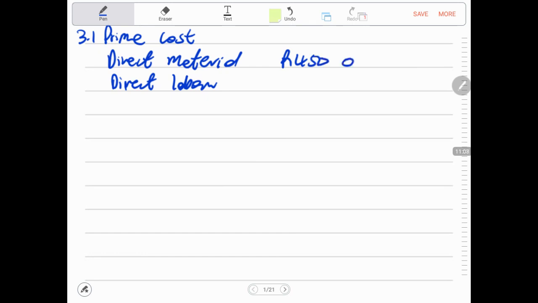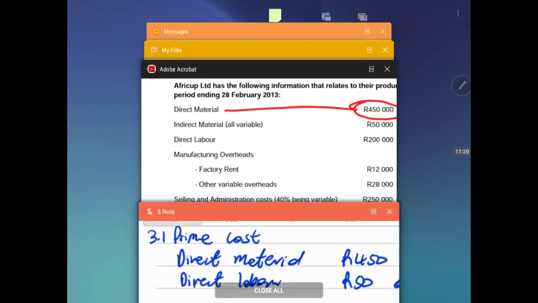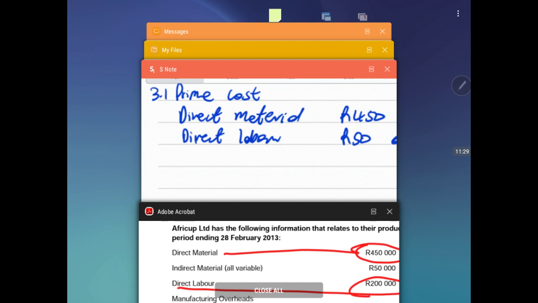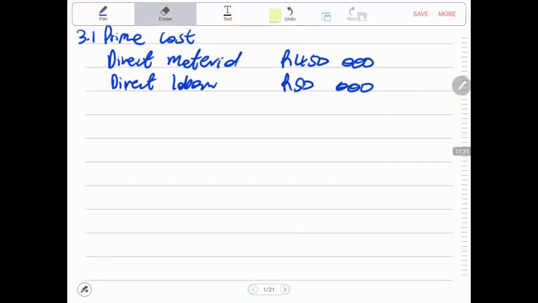So we had the cost of material that was worth 450,000 rands, and we had a direct labor that was worth, let me confirm that figure too, 200,000 rands. The 50,000 was the indirect material. So our direct labor was an amount of 200,000 rands.